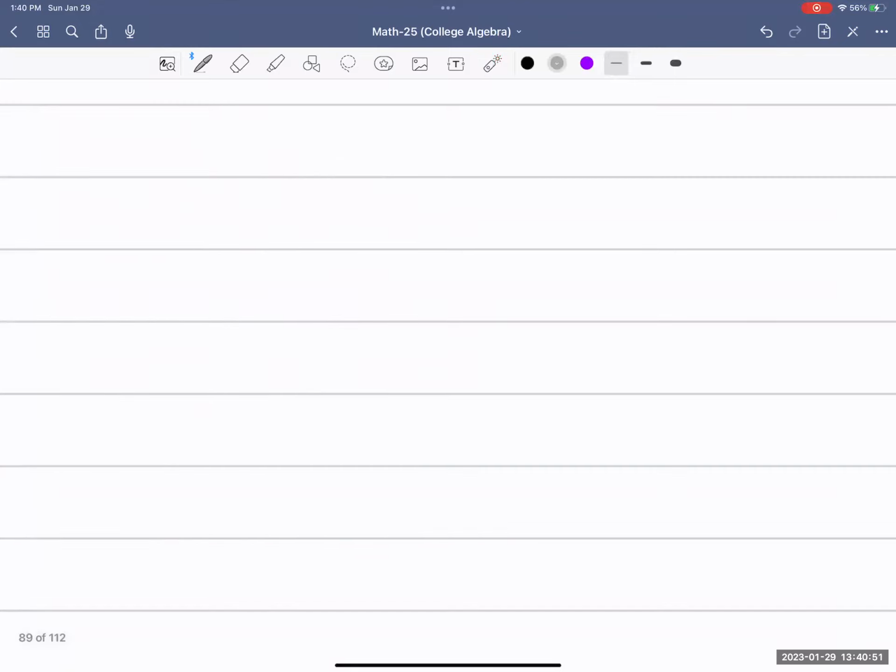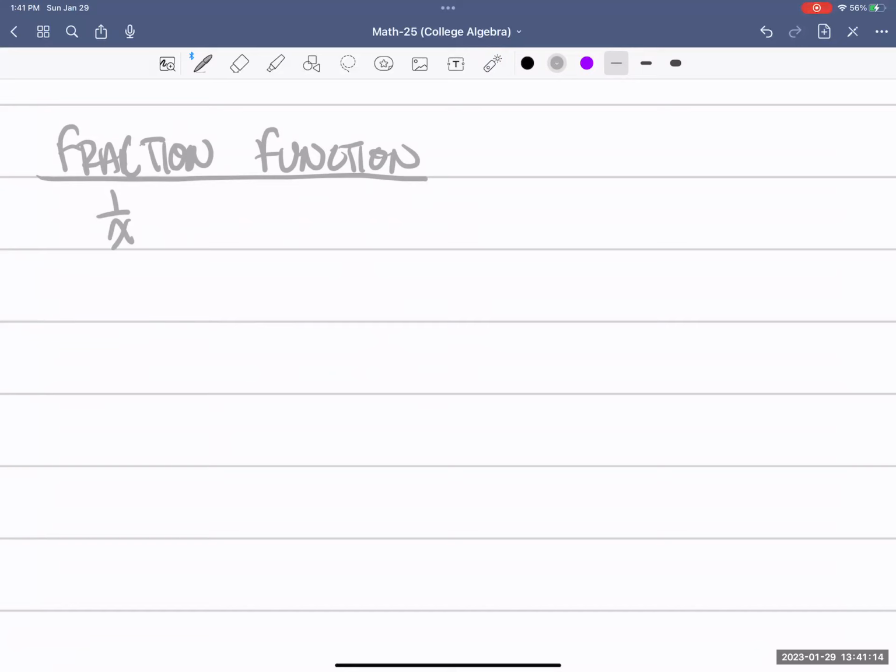Another domain error is going to be rational functions, or fraction functions. With fraction functions, we can't have a 0 as a denominator because we end up with an undefined solution at that point. So all we have to do is set it equal to 0, or we could just say that x is not equal to 0.